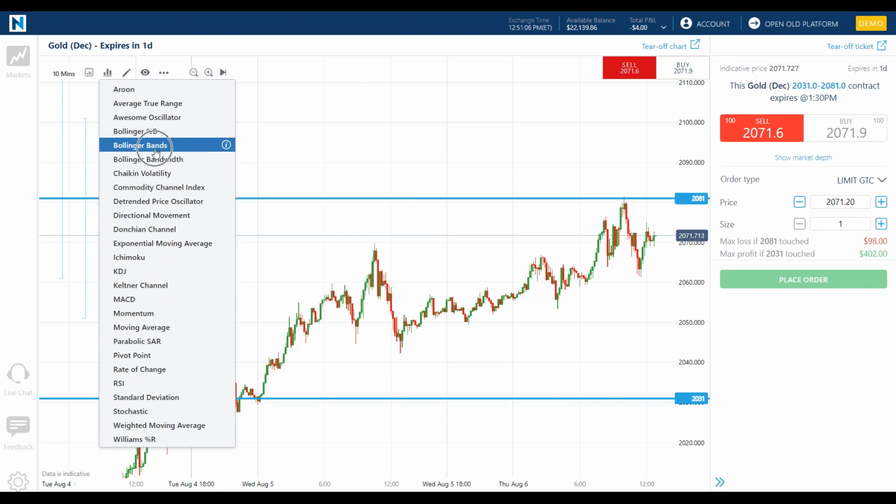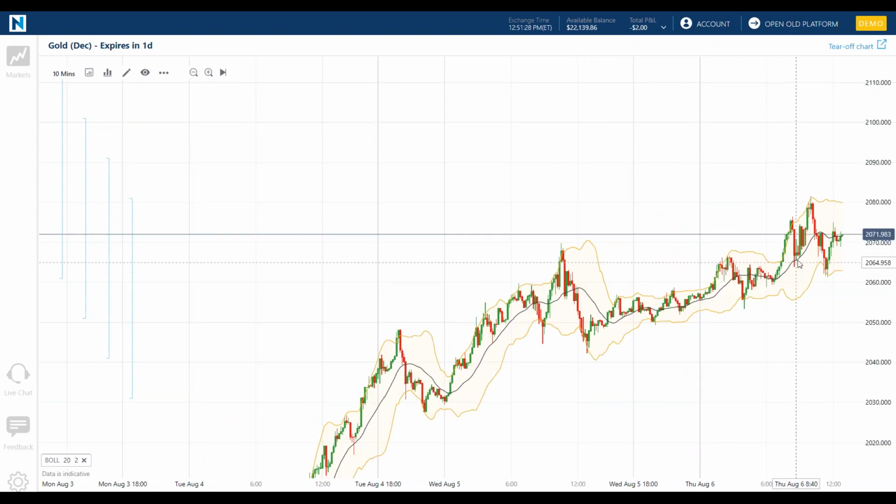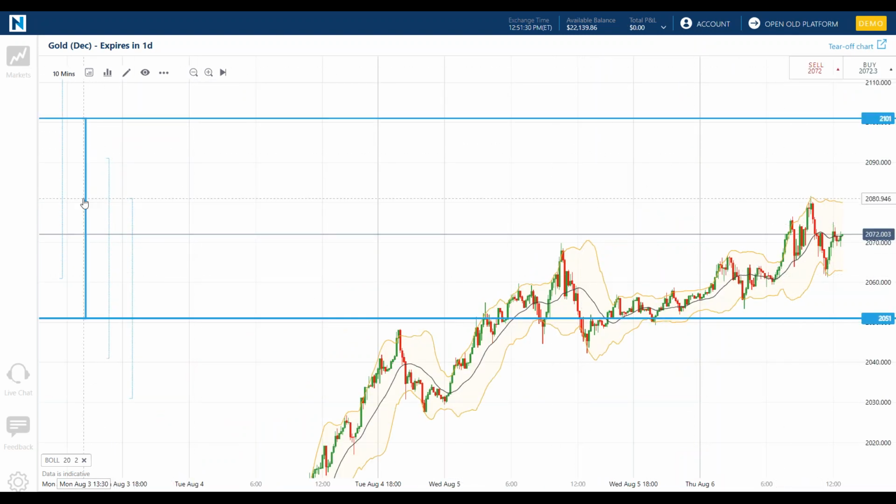So if I were to, for instance, populate Bollinger Bands, it actually gives me levels where I might see some resistance to the top or see support to the bottom, which might give you some ideas on when you would potentially want to buy and when you would potentially want to sell. The fact that it's on the chart and you can actually see where the, oops, didn't want to do that.